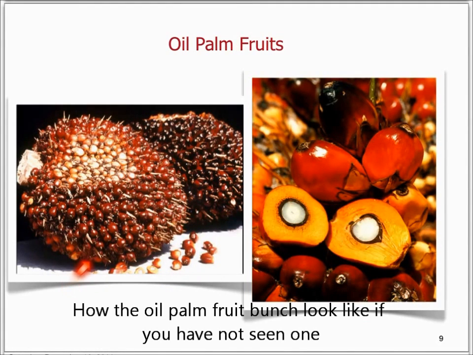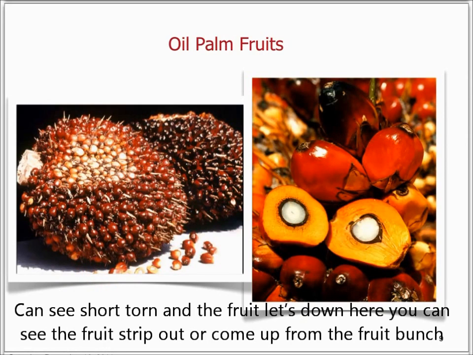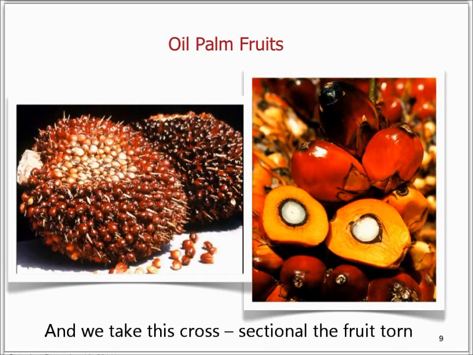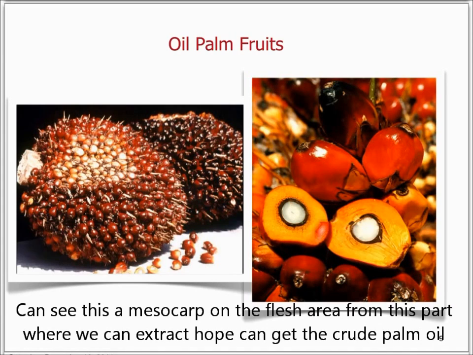Okay, this is how the oil palm fruit bunch looks like if you have not seen one. So you can see there's a sharp thorn there, and the fruitlets. Down here you can see the fruitlets been stripped out or come out from the fruit bunch. And if we take a cross section of the fruitlets, you can see this mesocarp or the flesh area.